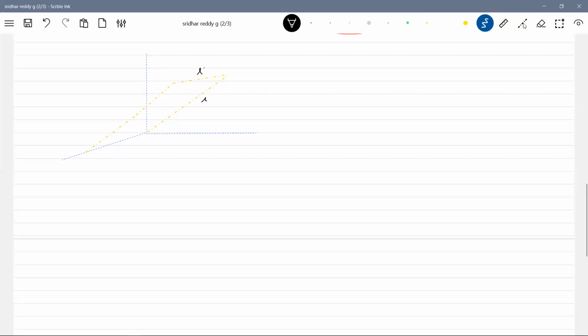Let it be a square one, making an angle of 30 degrees, and I have a vector E bar equal to 2i cap plus 3j cap. What is the surface? OABC. Side length L is, let it be, 2 meters.